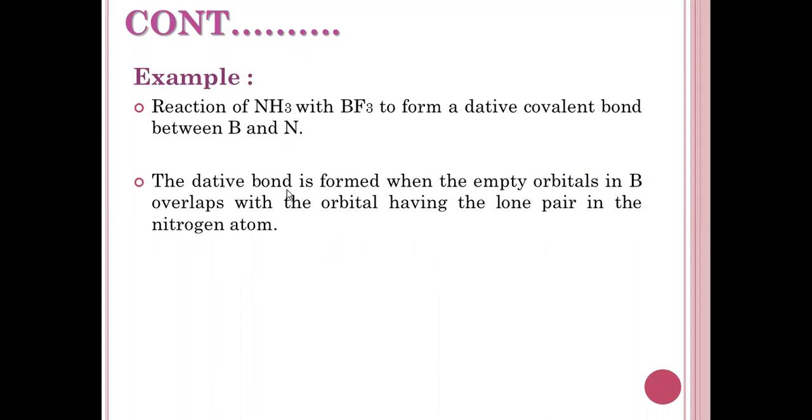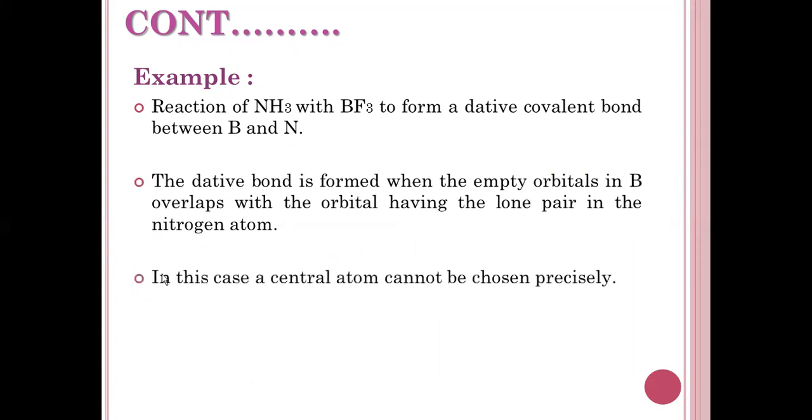So how is the dative bond formed? The electron deficient atom, having fewer than 4 electrons, is the boron. It is able to overlap its empty orbital with the orbital having the lone pair, which is the nitrogen atom.